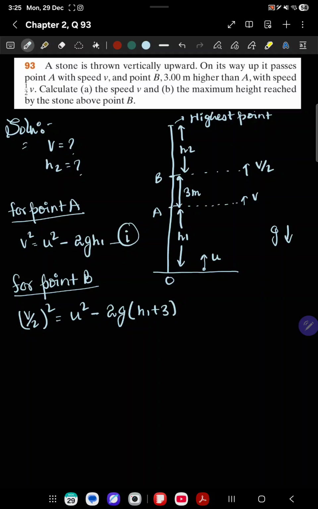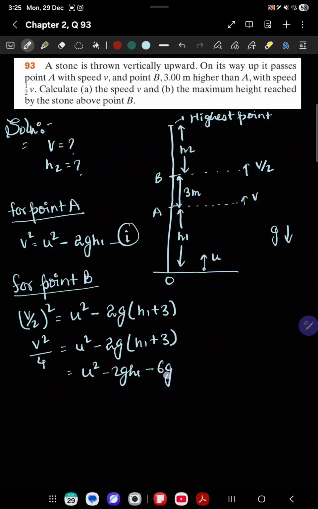Now it is correct, so we will get this equation. I am again writing v square by 4 equals u square minus 2g h1 plus 3. If I open this bracket, we will get u square minus 2g h1 minus 6g.